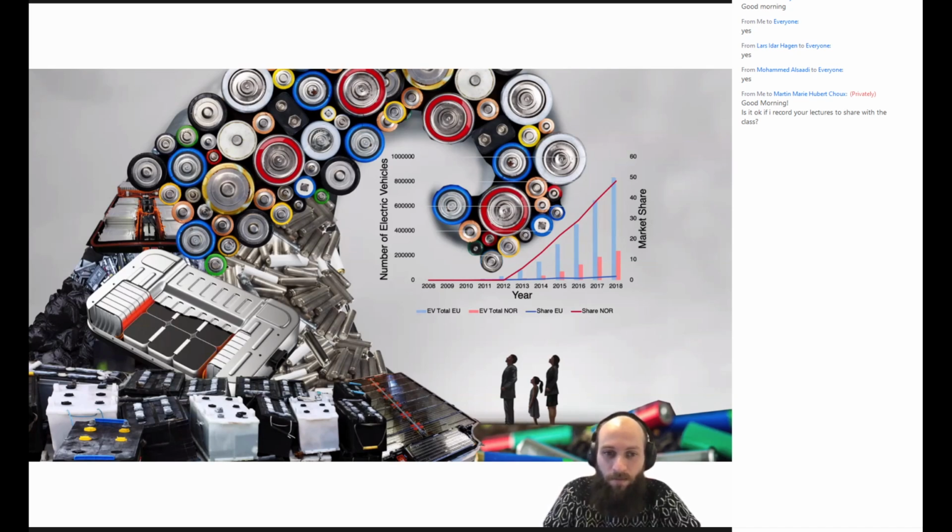The last numbers for 2020 were that more than 50% of the new cars are electric in Norway. And now in 2020, it was 230,000 new cars. No, I think that's the number of electric vehicles in Norway by 2020.